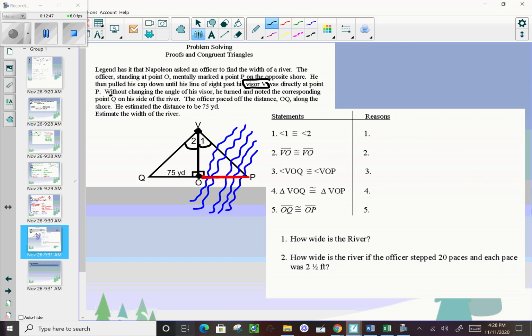The next sentence says, without changing the angle of his visor. So he was looking over here at P, and he didn't change his visor angle, and he came and looked over at Q. So this is given information, because he didn't change his visor angle.